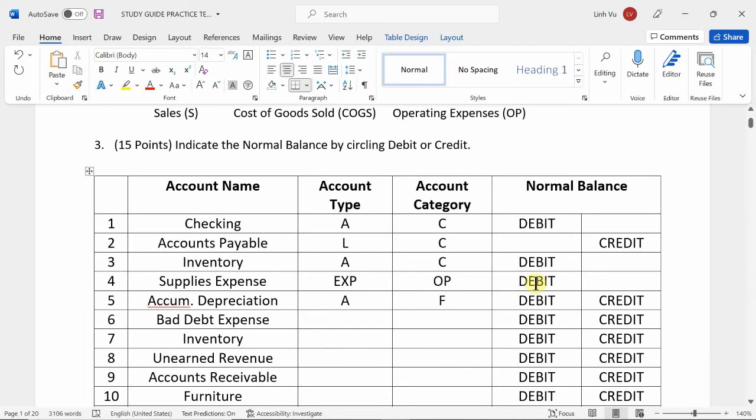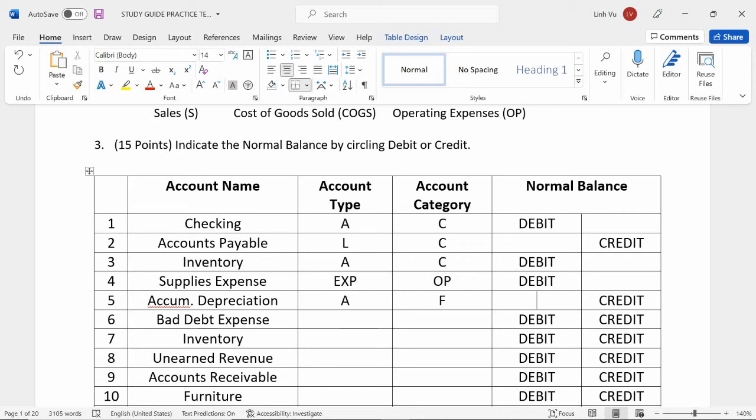It has a normal credit balance. Yes. So what do we call this? We call these contra accounts. This is an example of a contra asset account, because depreciation comes from fixed assets. This decreases the value of your fixed asset.